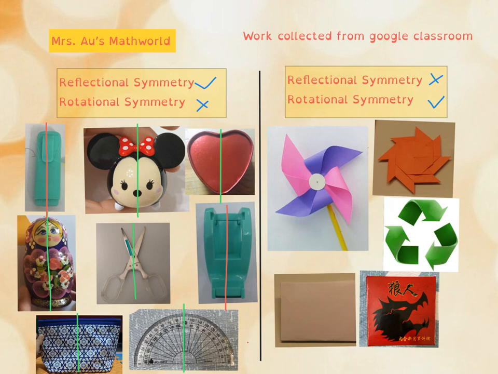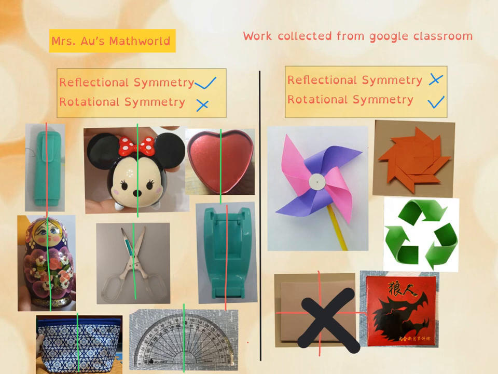But they are incorrect. For the rectangle, you have axes of symmetry like this. That means you get two axes of symmetry. So let's mark it.